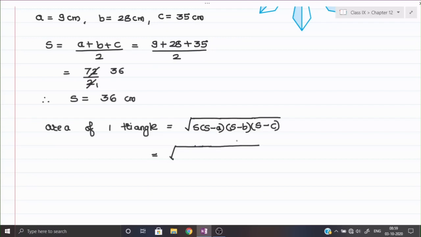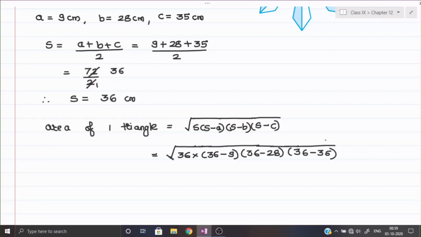Okay, first of all, the value of s is here 36. So 36 into bracket 36 minus 9, first value is 9, second value is 28, and third value is 35. So 36 minus 35. Okay, now further we shall solve.